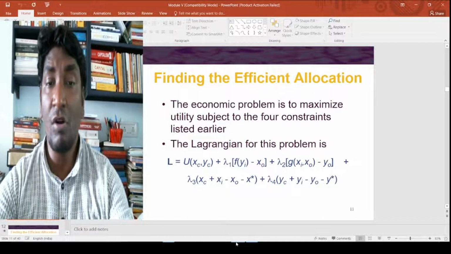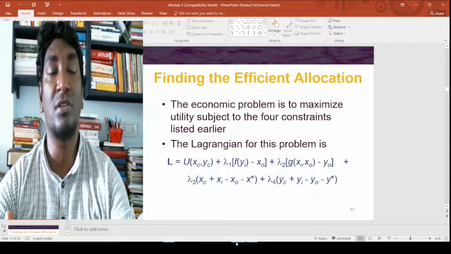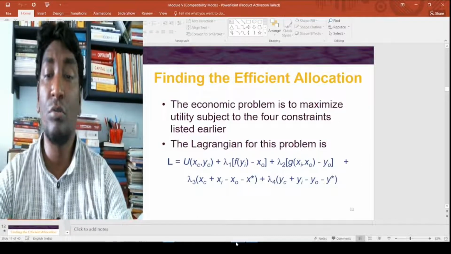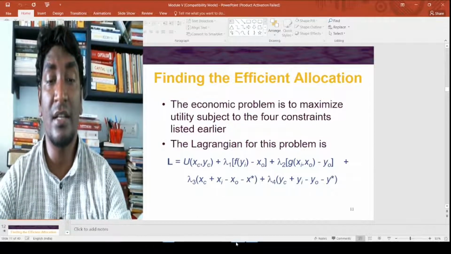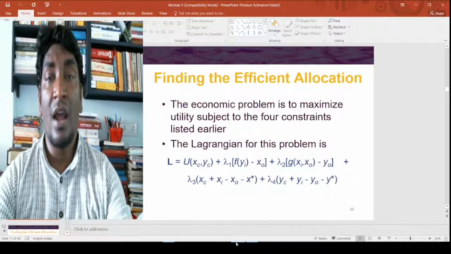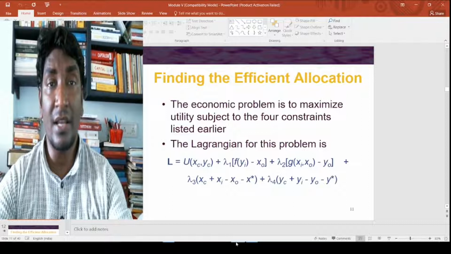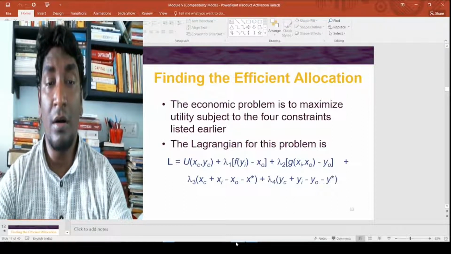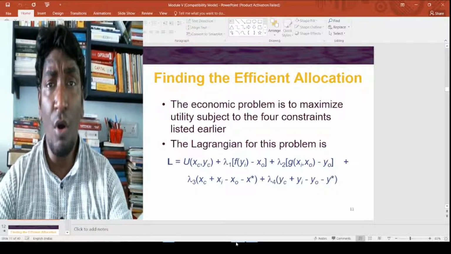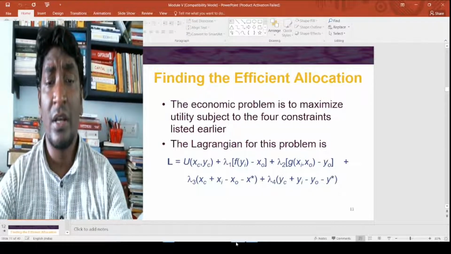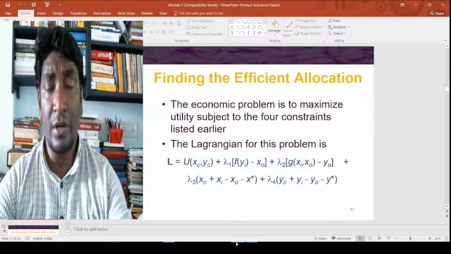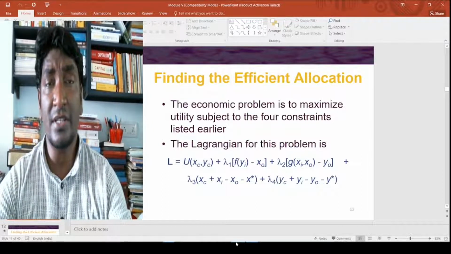So the economic problem is to maximize the utility subject to the four constraints listed earlier. Let's place the Lagrangian, where any difference in the constraints we placed shows whether there is any disturbance.